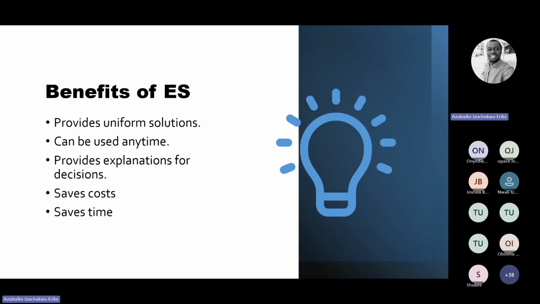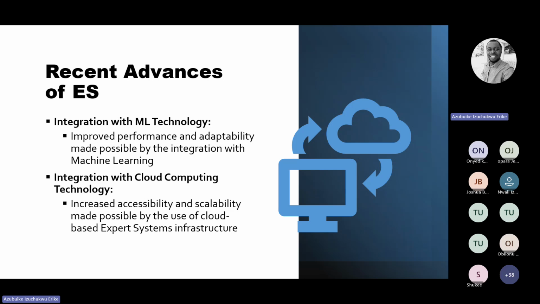Then expert systems have advanced. What then are the recent advances that we can see in expert systems? We talk about integration with machine learning technology, which gives improved performance and adaptability.